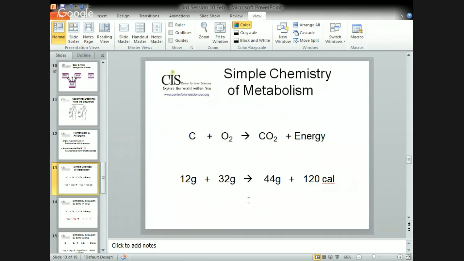It has energy, 120 food calories of energy, but it cannot give it out unless it goes through this process. So it must burn fully, and then it produces 44 gram of carbon dioxide and 120 food calories. Very simple. Anybody can add 12 and 32 together and get 44 gram of carbon dioxide.